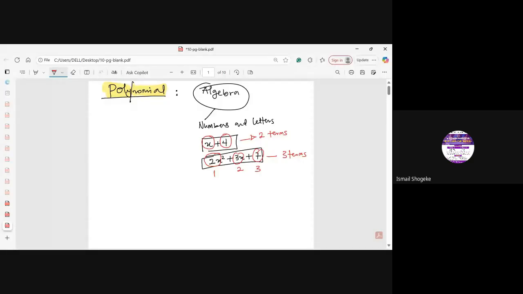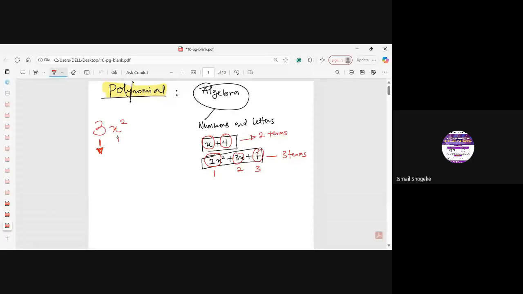Now, most of the time, a polynomial is also going to have a power. So if I have 3x squared, this 3 here is the number. It has a specific name. I'll get there.